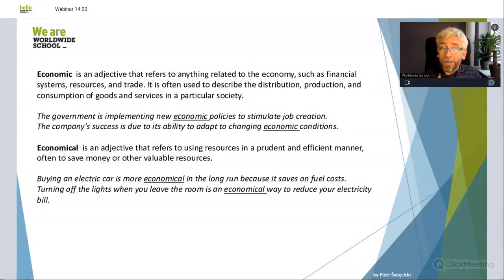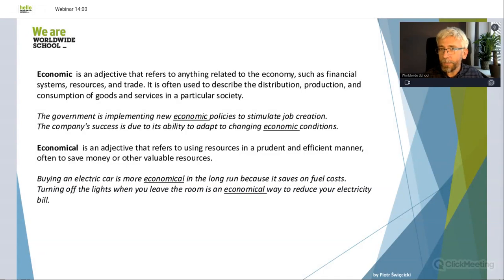So buying an electric car is more economical in the long run because it saves on fuel costs, right? Is this true? Is it not? Well, opinions vary, but there's a general opinion that electric cars are more economical. Turning off the lights when you leave the room is an economical way to reduce your electricity bills. Very good tips, don't you think, in today's circumstances? Are you economical in these respects?